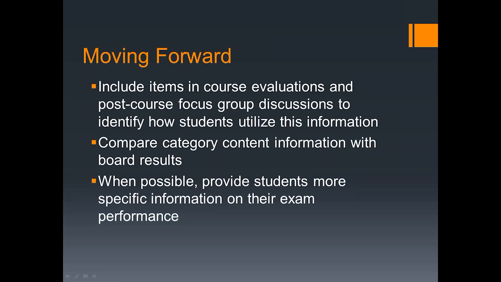We want to see if there's anything we can provide that will give them more specific, helpful information. Or if we have specific students using this information successfully, how are they using it, and how can we share that with other students to implement this feedback, the category results, into their studying if they aren't already using it?